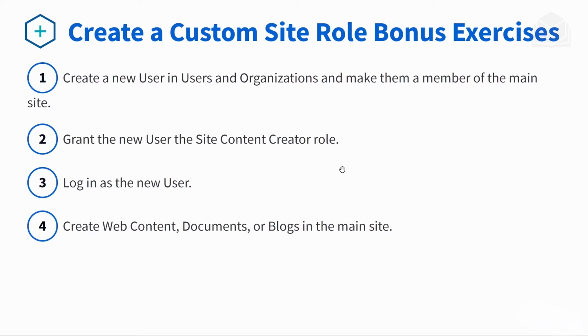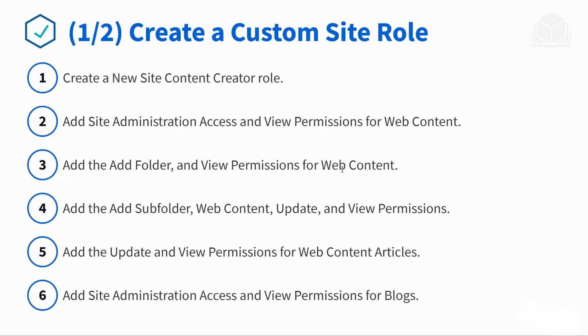Go ahead and create a new user, give them that site content creator role that we're going to create in this exercise. Log in as that user, and then test all of these permissions related to adding and editing web contents, documents, and blogs. It's good to get an idea for what each one of these permissions does, so I highly recommend doing this bonus exercise. But for now, we're going to go through these steps one by one.